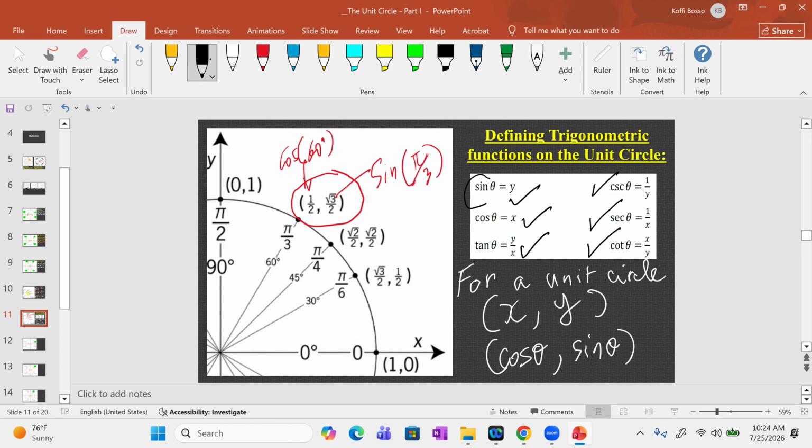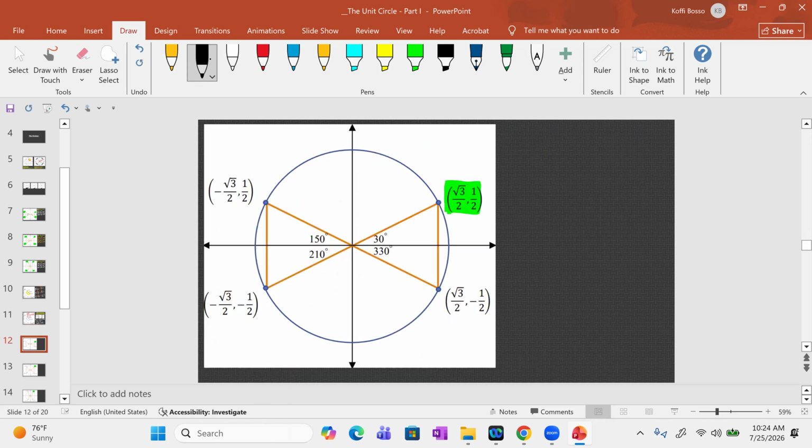Now, let's continue. How do you put everything together based on the reference? From the reference angle, like we saw, you know how to make this value, and you know how to figure out the rest of the angles.